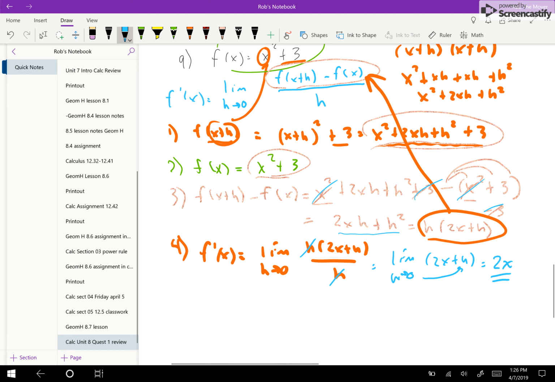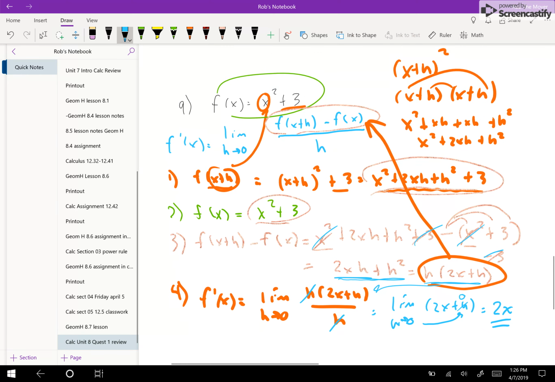I need to see that you've simplified that to this. I need to see that then you factor out the h, you plug it into your derivative formula, you cancel out the h. I need to see your 0 went in here for h, and you got 2x. That proves to me that you understand how the derivative formula works, and then it backs up what you know about the power rule, okay?